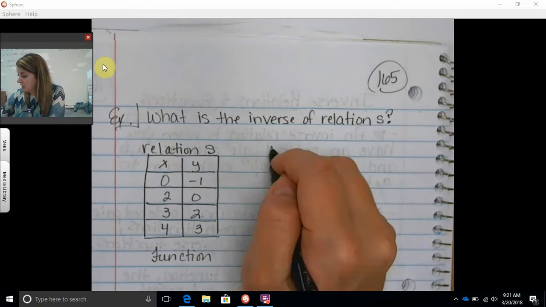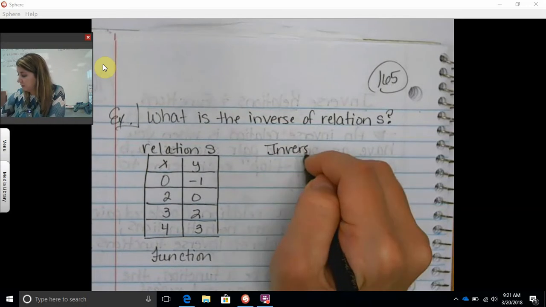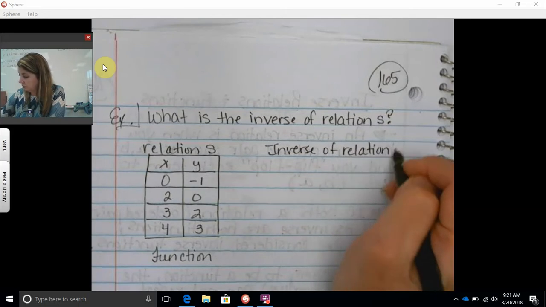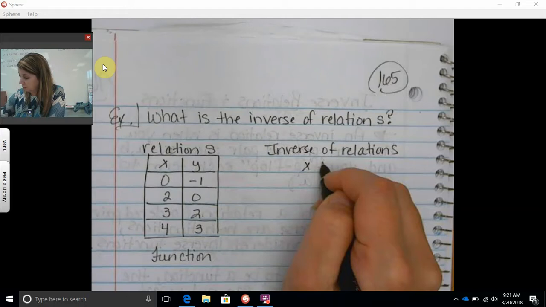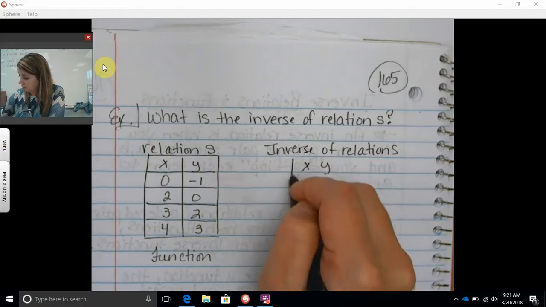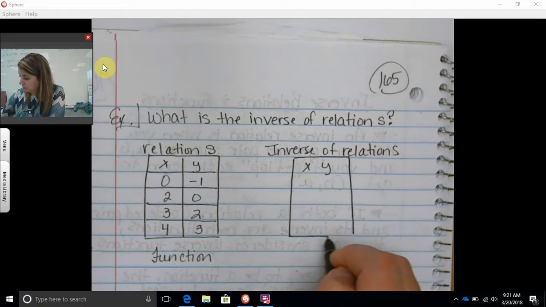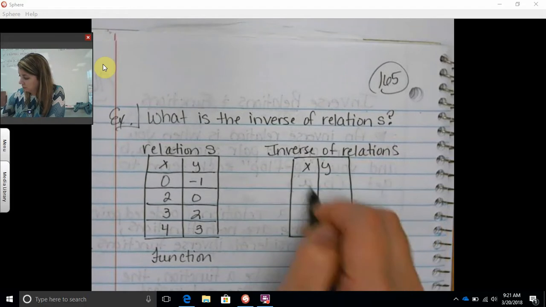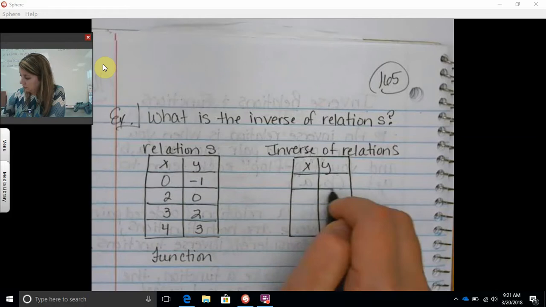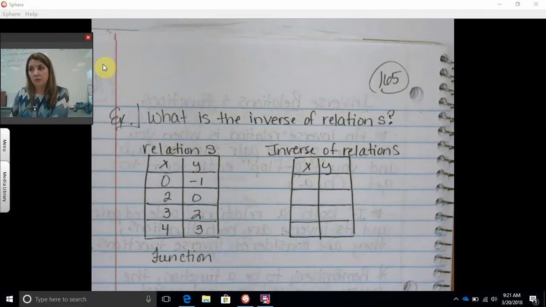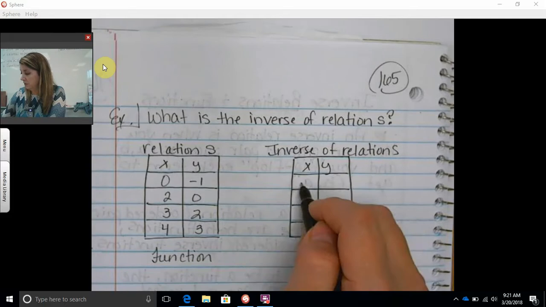So if I said, what is the inverse of relation S? Instead of 0, -1, what would we put? -1, 0.